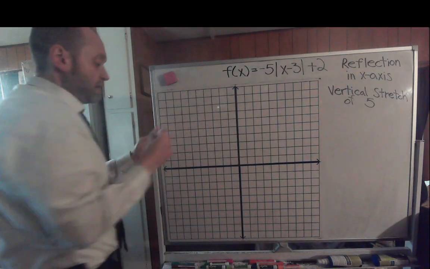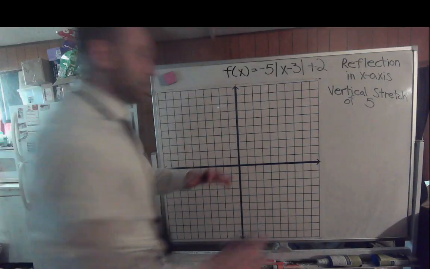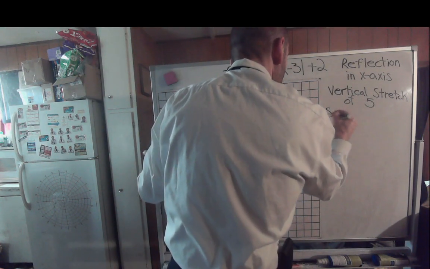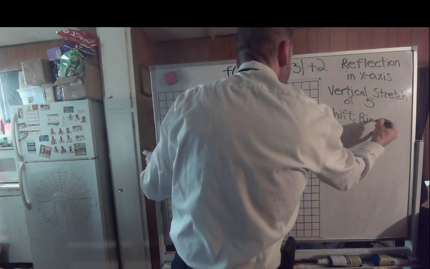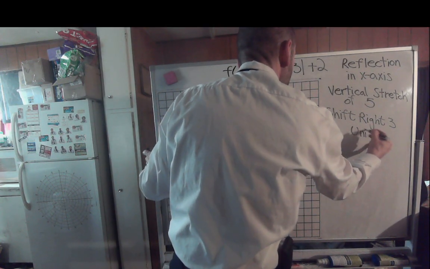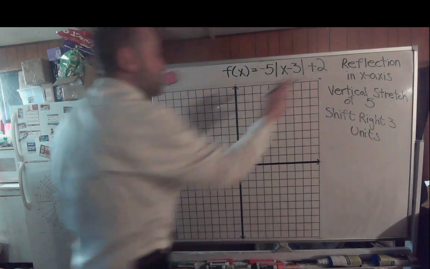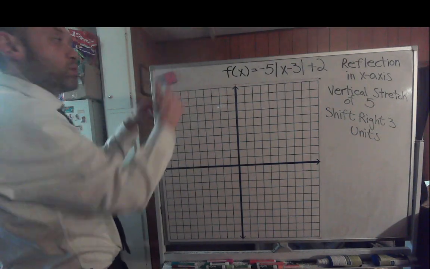Now that x minus 3 inside of the absolute value, I'm shifting everything to the right 3 units, so we would shift right 3 units. And then we have that plus 2 outside the absolute value, which means we're shifting everything upward 2 units.